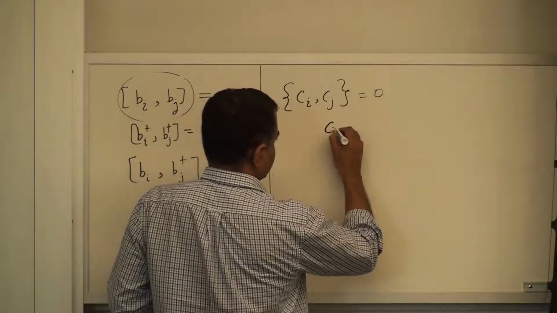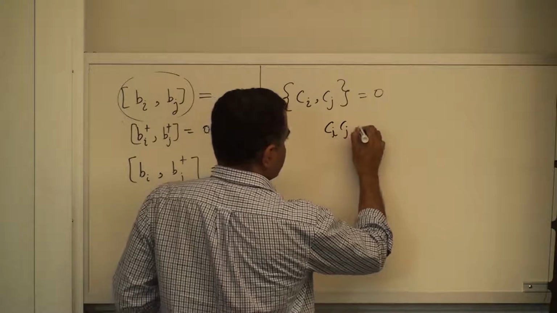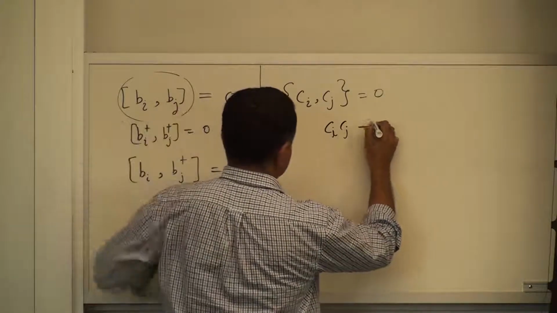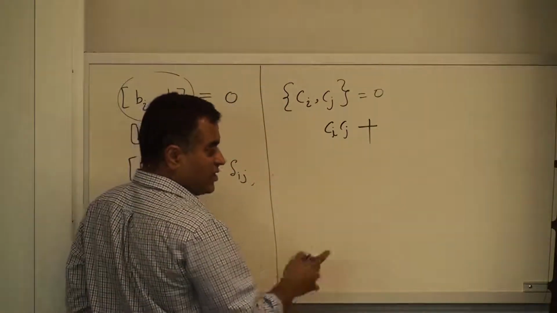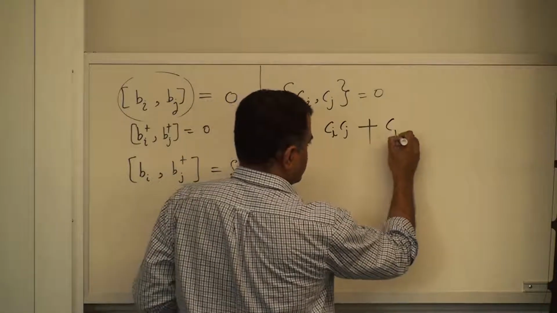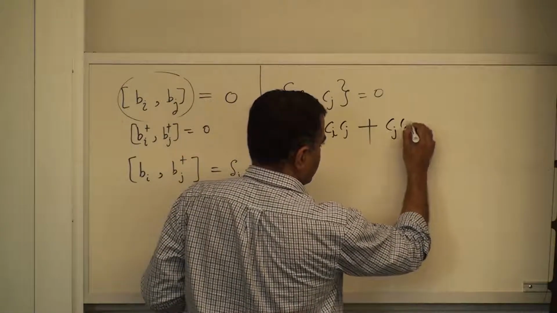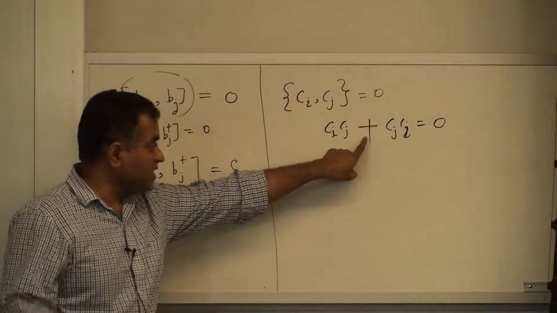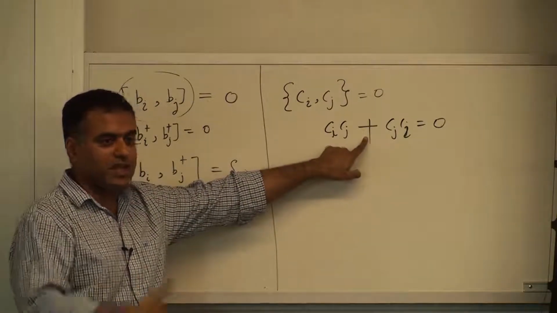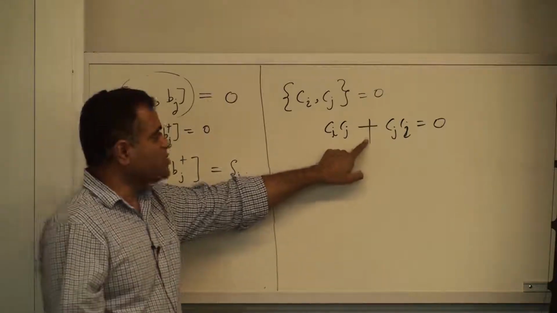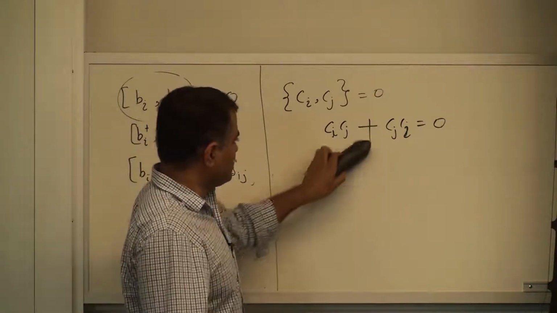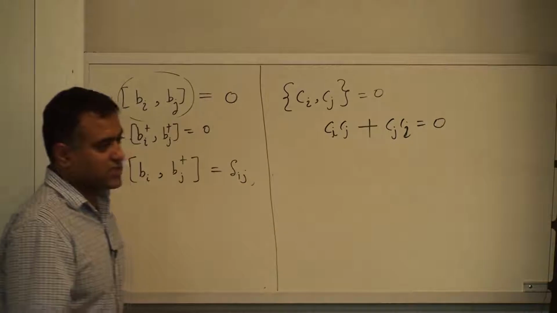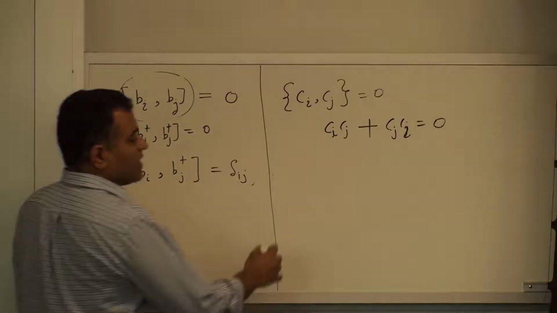It means that if I take C_i and C_j, instead of minus, you get a plus in here. The anti-commutator has a plus in between, and C_j, C_i. That is equal to 0. Not minus. So bosons is minus, fermions is plus, and this is what really captures the physical difference between fermions and bosons, the sign change.